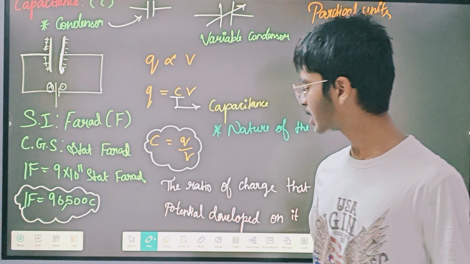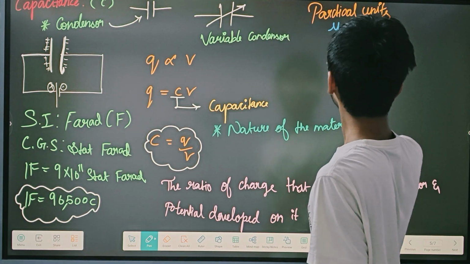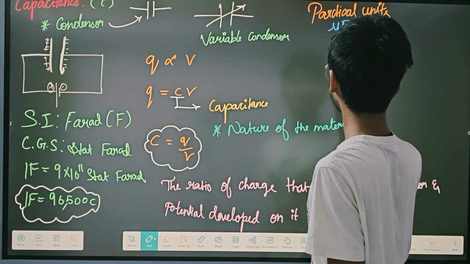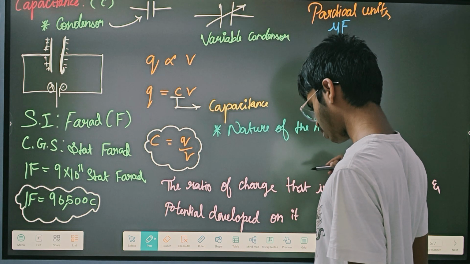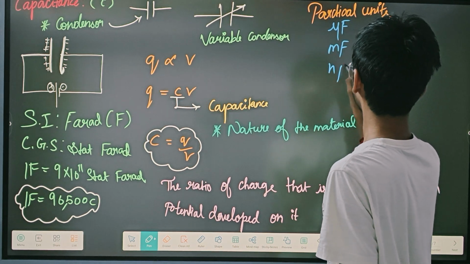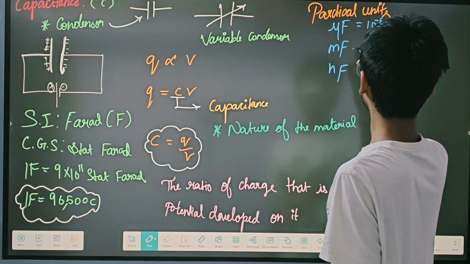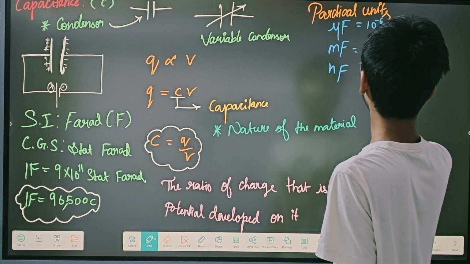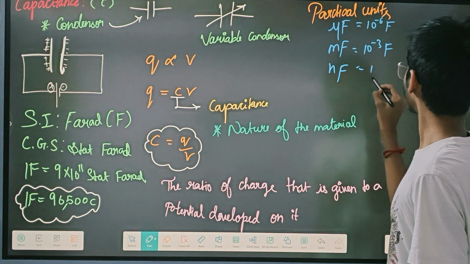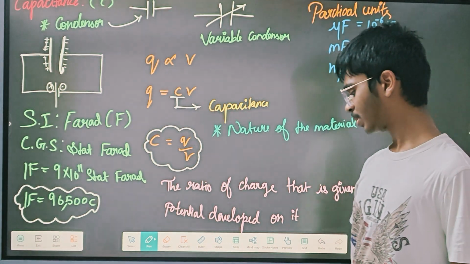Instead, we will be using practical units such as microfarad, millifarad, and nanofarad. There is no such thing as centifarad. Microfarad is 10 to the power of minus 6 Farad. Millifarad is 10 to the power of minus 3 Farad. And nanofarad is 10 to the power of minus 9 Farad.